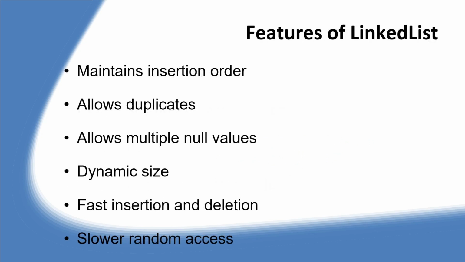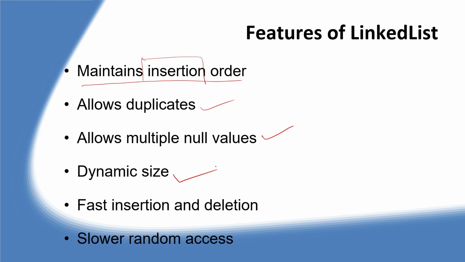Now let's look at the main features of the linked list. It maintains the insertion order. It allows duplicate values and null values. And it will grow dynamically. As and when we add elements, a new node will get inserted, or it can be removed based on our need.